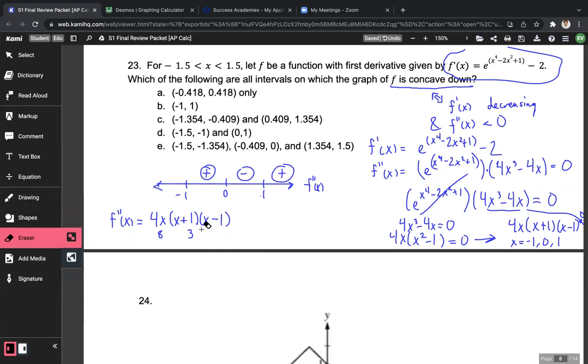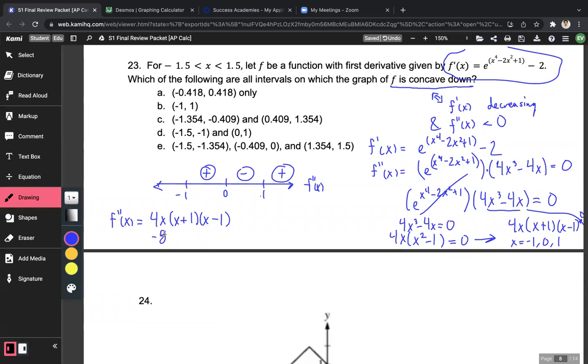Let's try -2, something equally easy. That'll be -8, excuse me, -1, -3, 3 negative values, all negative. Cool.